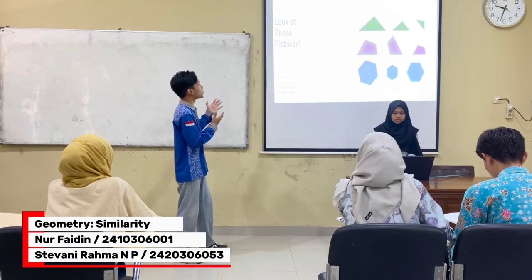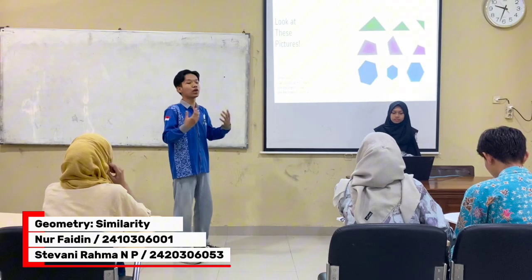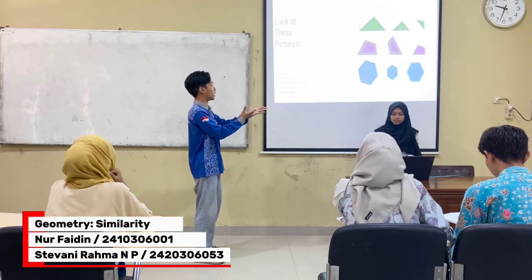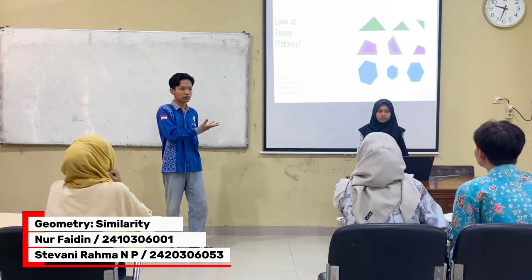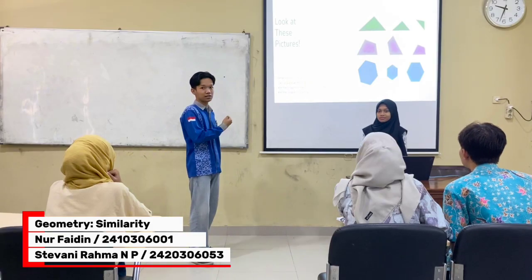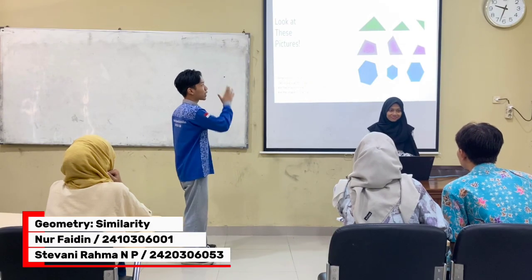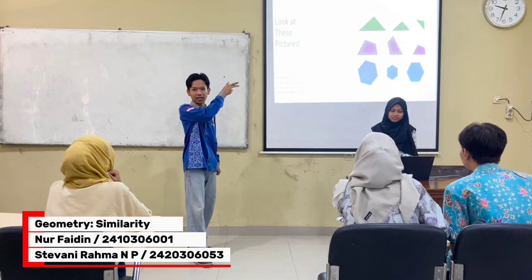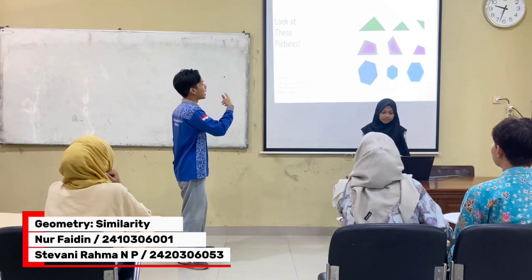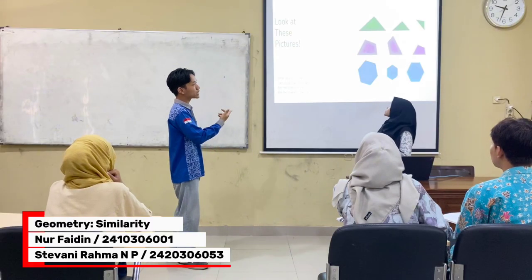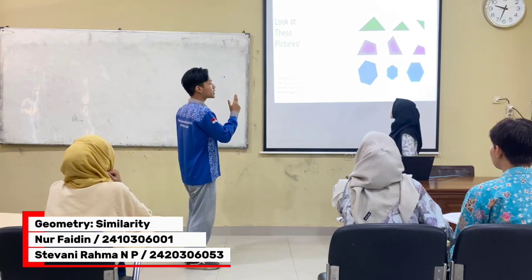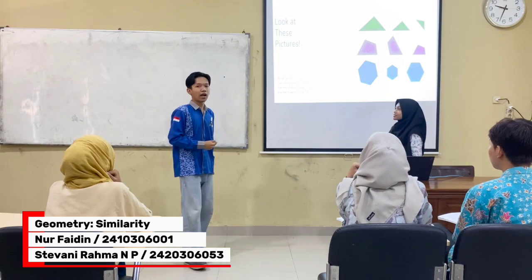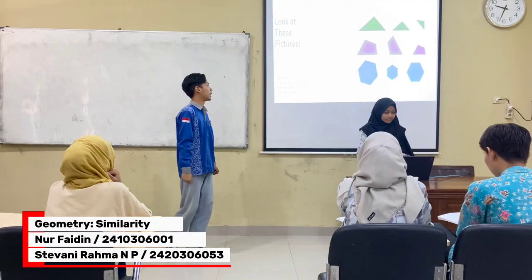Now, look at this picture. What do you notice about this picture? Can you group the shapes? Shape green is a triangle, right? Shape purple is a trapezium, right? And shape blue is a hexagon. Okay.